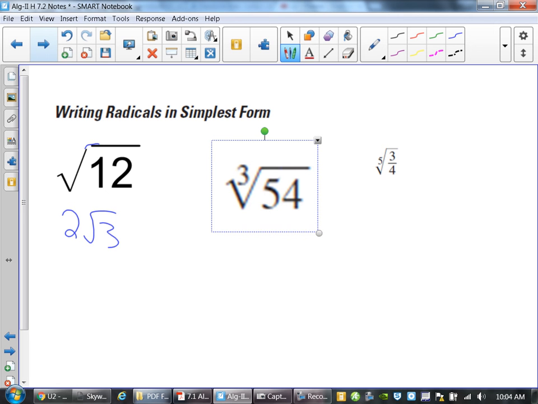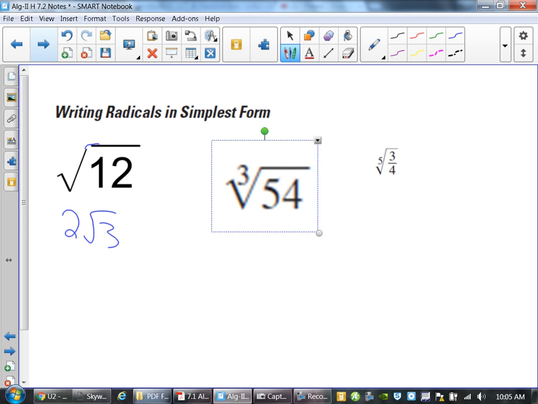Okay? You'll pick up on this real fast. 2 cubed is 8. 3 cubed, 27. You better learn them, because you won't get calculators on most of this stuff. It gets real big real quick.